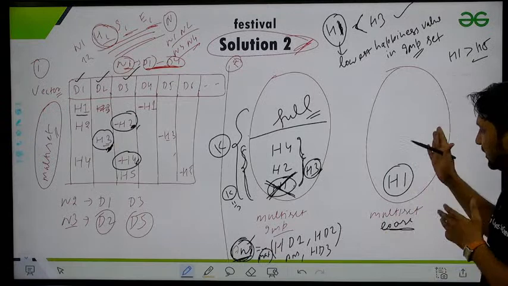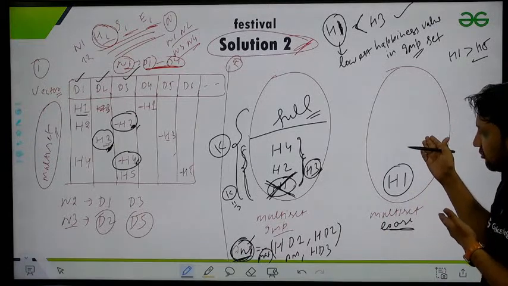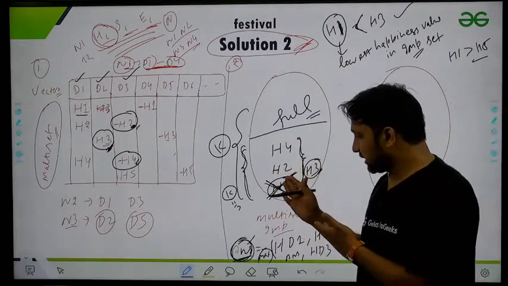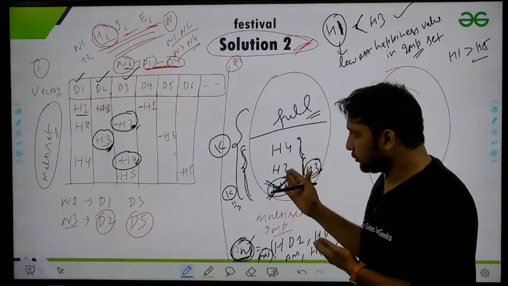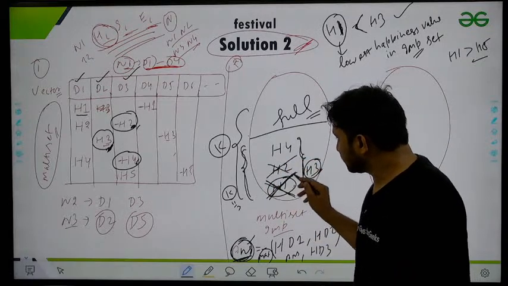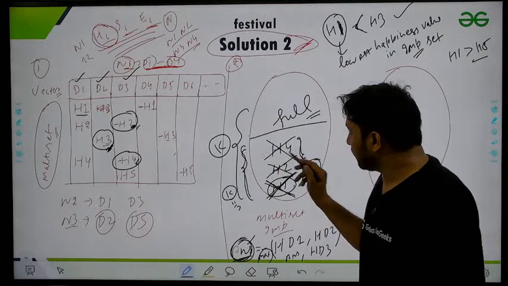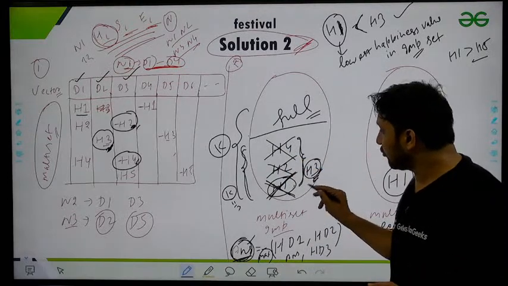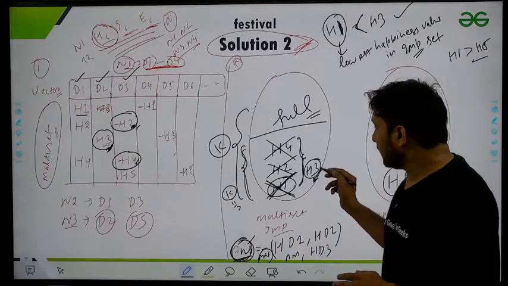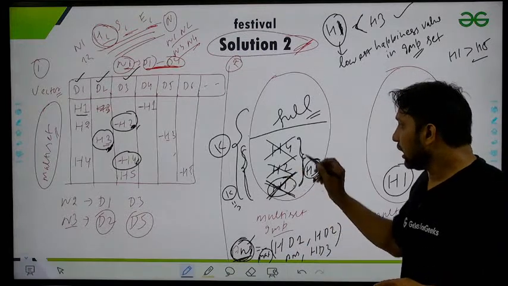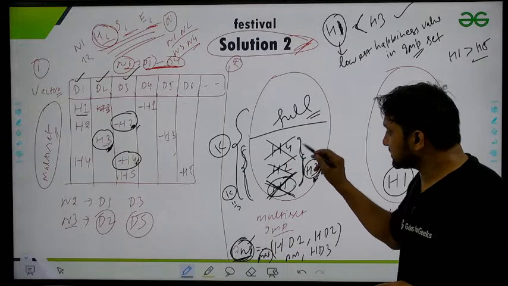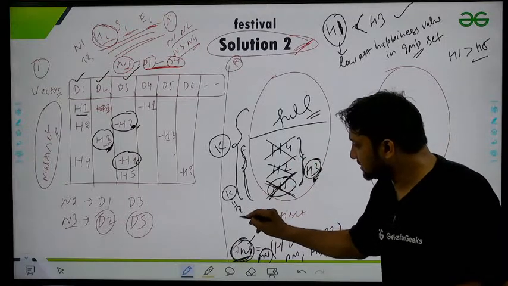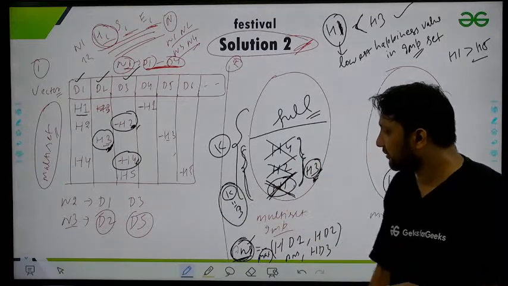But if it is not available there, now we will check in the important set. In the important set, I will remove H2 and H4 because both have ended. Only H3 remains now. After removing these, there will be space, because in this example we have k value 3.